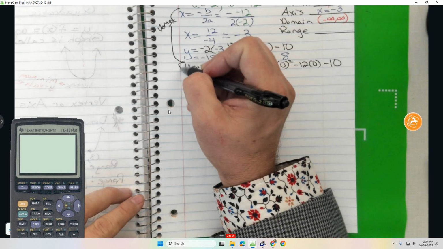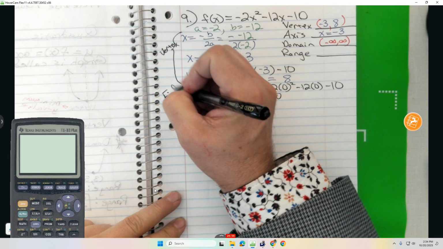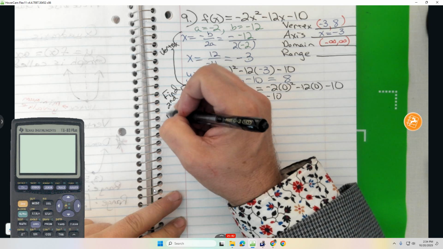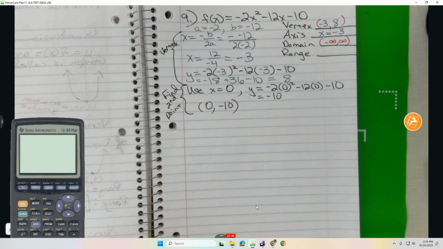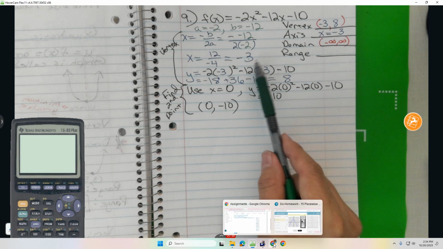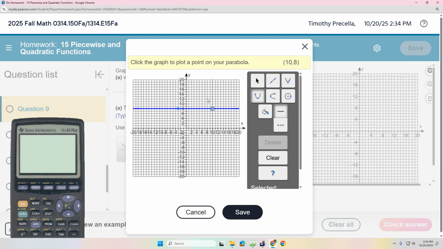That's what we're doing here. You could have used negative 1. You could have used negative 4. Choose something that's close to that x value. So now we have a secondary point, 0, negative 10.